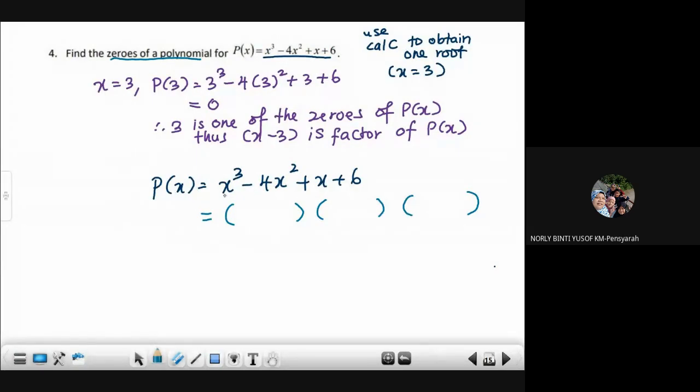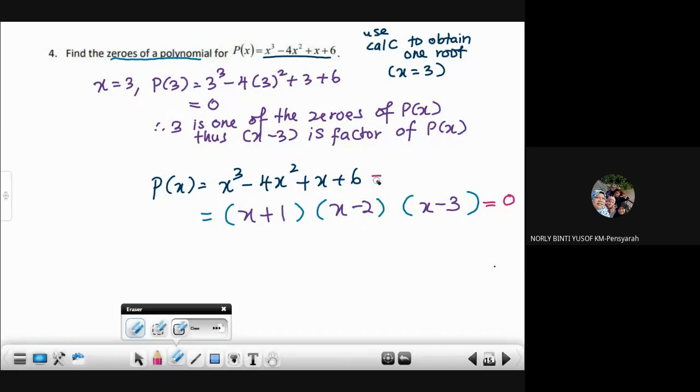Yang ini kalau you tekan A1, B negatif 4, C1, D6, you akan dapat nanti negatif 1, 2, 3 roots you, semua integer lah. So masukkan dalam factor X plus 1, X minus 2, X minus 3. So bila dia suruh cari dalam bentuk zero of polynomials, maksudnya Px you akan samakan dengan kosong.